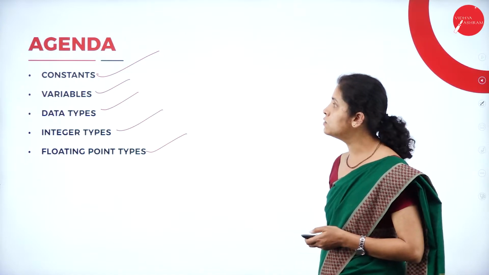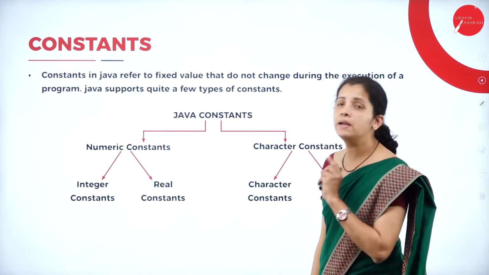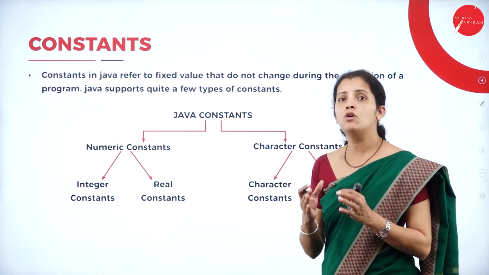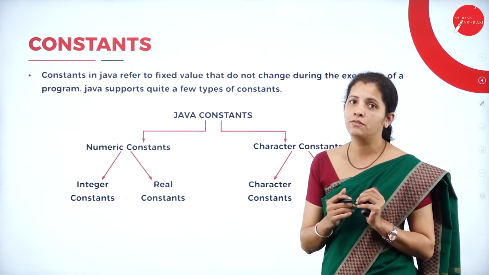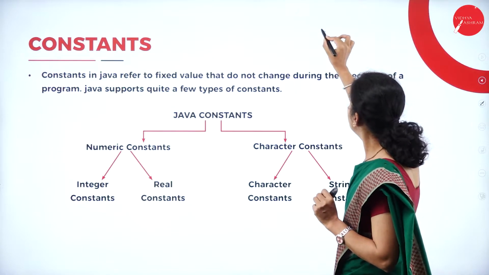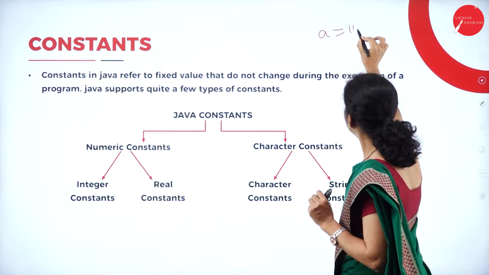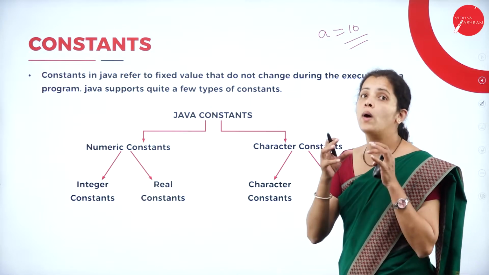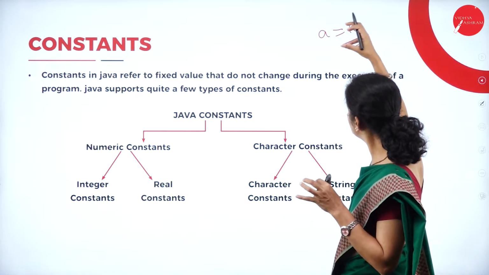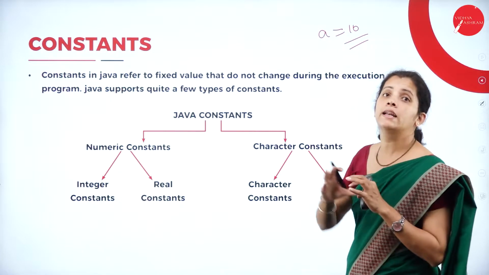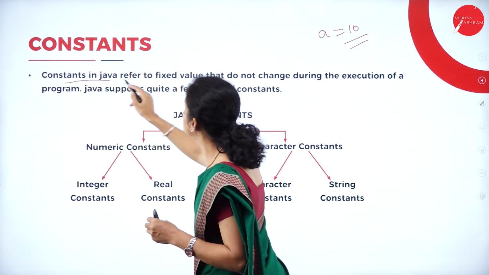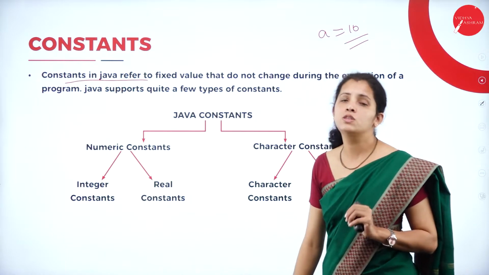So what is constant? As the name itself indicates, it is a fixed value. Constant means it is fixed. For example, if I write A equal to 10, this is fixed or constant. The value which I'm going to store in A remains as it is. So constants in Java refer to fixed values.